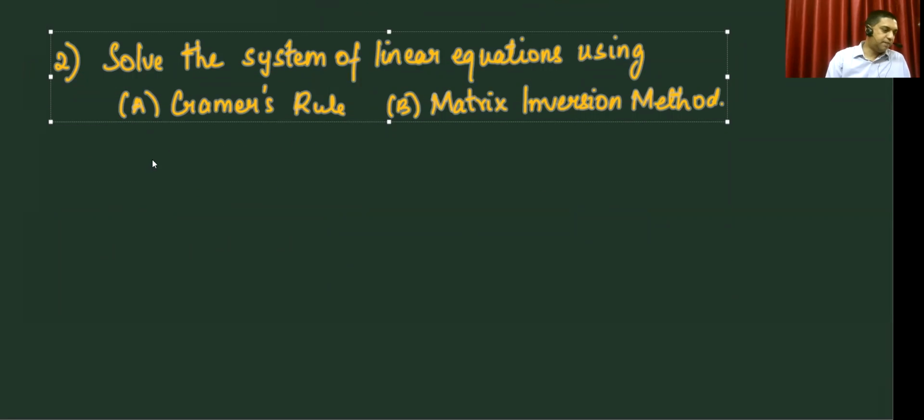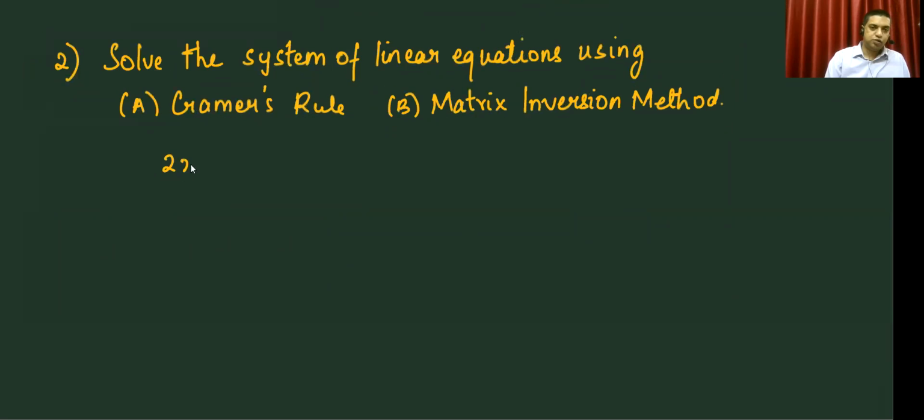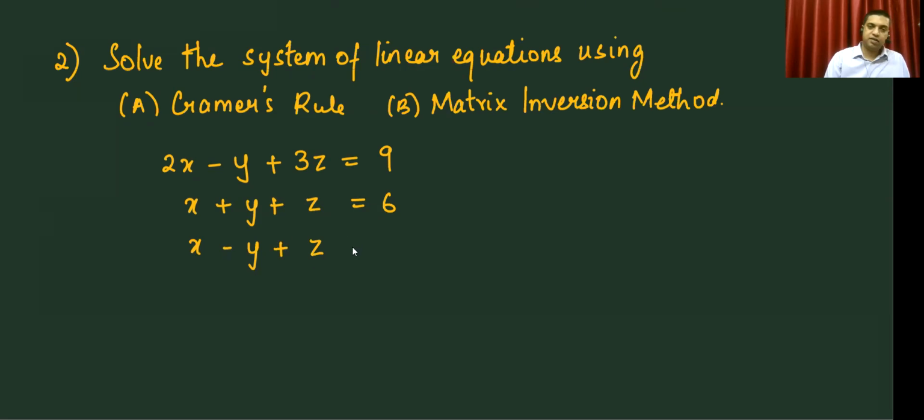So the equations are 2x minus y plus 3z equal to 9, x plus y plus z equal to 6, x minus y plus z equal to 2.